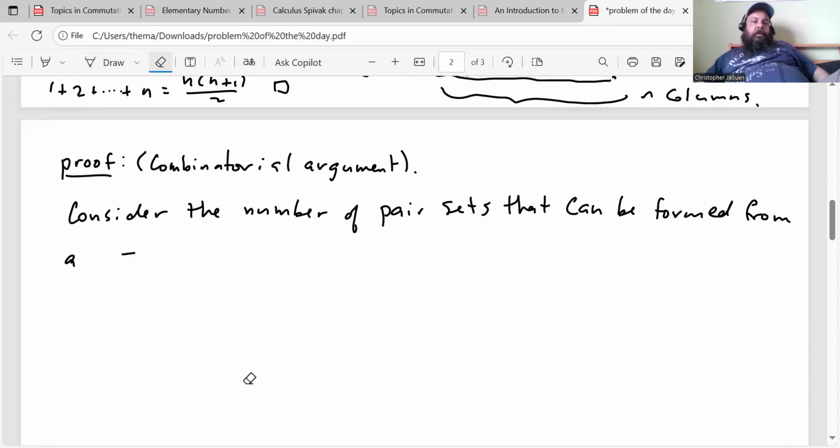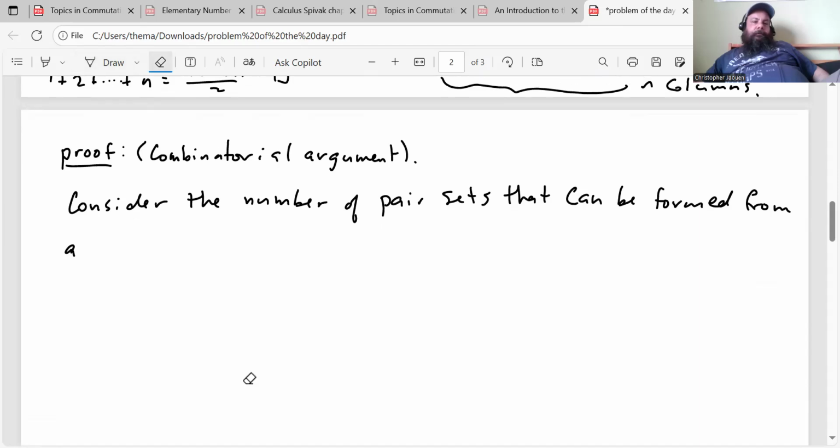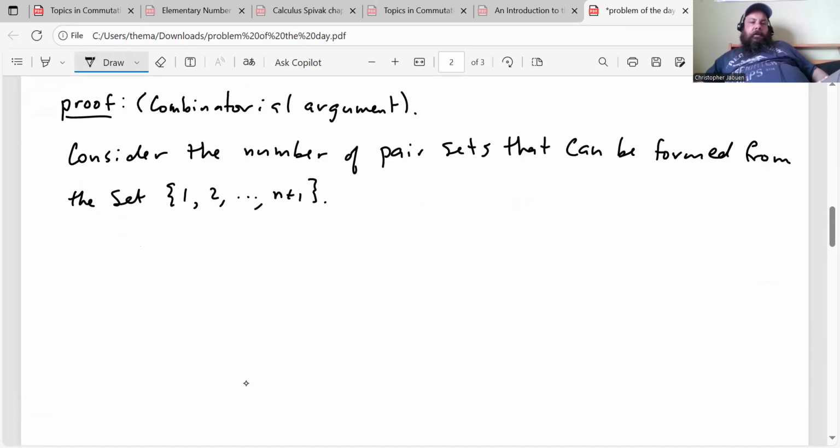Or actually, I'll use the integers just to make things a little easier to write down, from the set 1 all the way up to n plus 1. Okay, so we can count these. So notice that we get the pair sets. Let's do the cardinality of this.